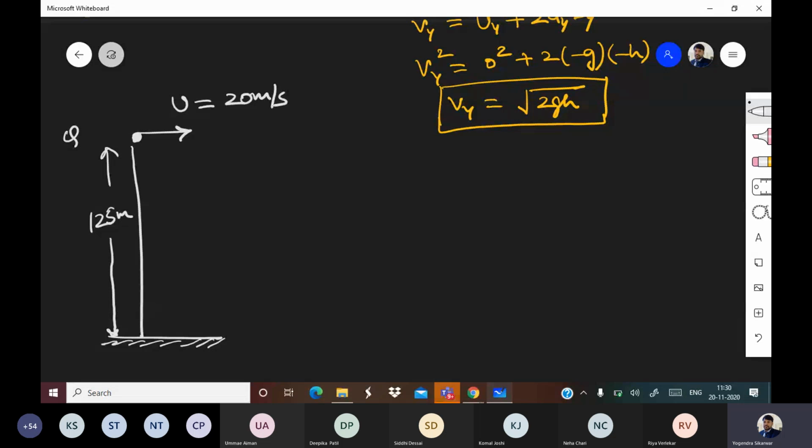So the question says find: number 1, time taken to reach the bottom.